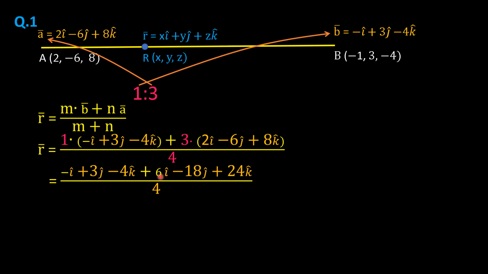This will be 3 twos are 6i, 3 into minus 6, that is minus 18j, and 3 into 8, that is 24k.